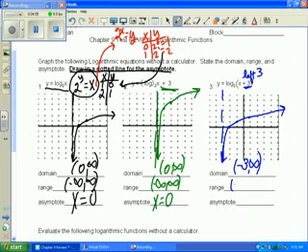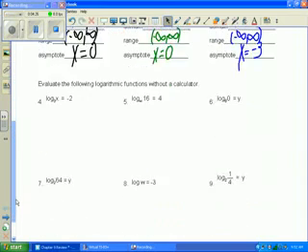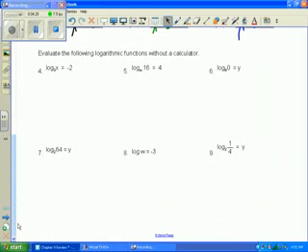Negative 3 to infinity. Range. Asymptote. What? X equals negative 3. Not just negative 3. Not y equals negative 3. X equals negative 3. Okay.